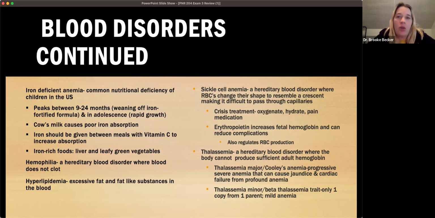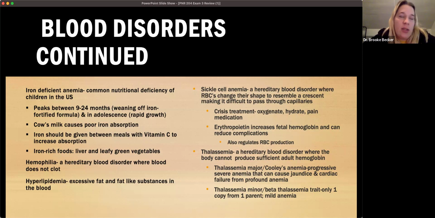Sickle cell anemia is hereditary. Red blood cells look like crescents, or sickled shapes, instead of being circular, so they don't carry hemoglobin as well. They also risk clotting up in the veins, which leads to sickle cell crisis, where there's actually cell death past that clot.